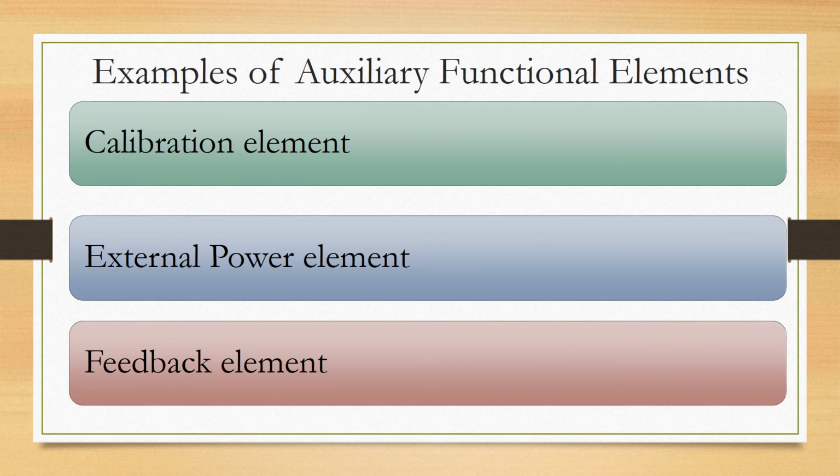Now we will see examples of auxiliary functional elements. As we have already seen, auxiliary functional elements are not integral to the instruments or measurement system, but they can be used depending on the requirement. Some of the auxiliary functional elements are the calibration element, external power element, and feedback element.